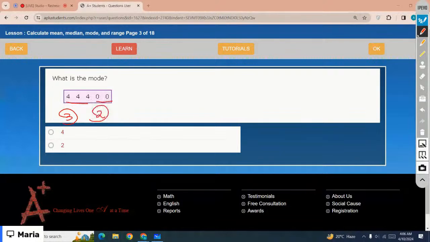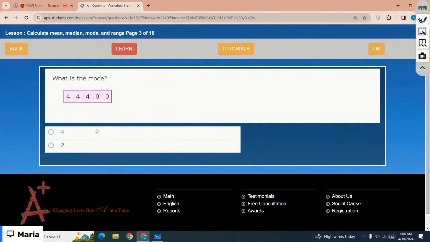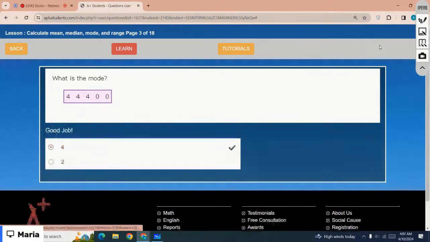Which number appears the most? 4 is the number that appears the most. So the correct option is 4, because 4 appears 3 times in the given data.